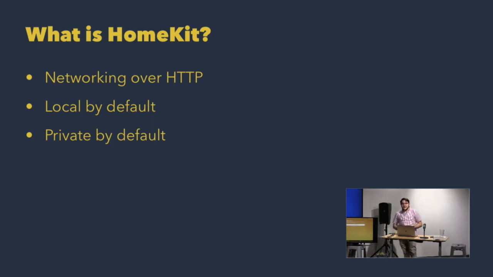It uses the devices that you have in your house and the networking that you have in your house, and by default, it doesn't leave the house. Even once you enable remote access, it still doesn't go out to the public internet. It's traveling over service discovery and permission discovery using your iCloud account.